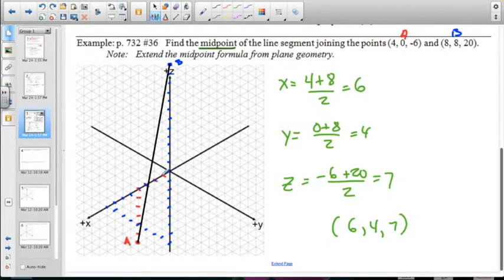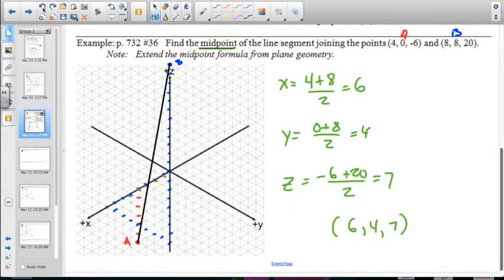So if we count out 6, 1, 2, 3, 4, 5, 6, and then in the y direction 7, 1, 2, 3, 4, 5, 6, 7, and then up. Oh, I counted that wrong. In the y direction 4.